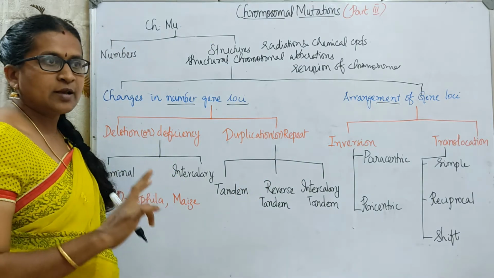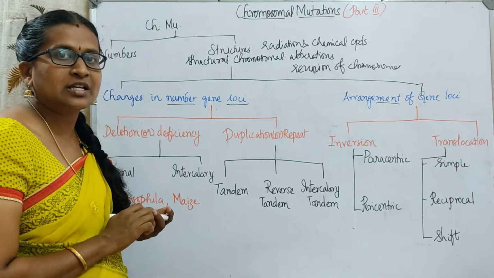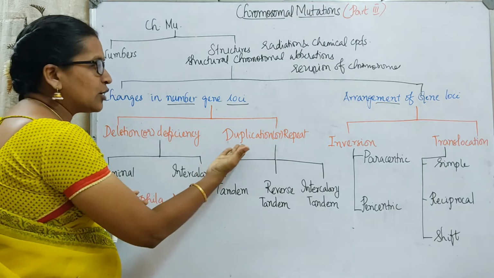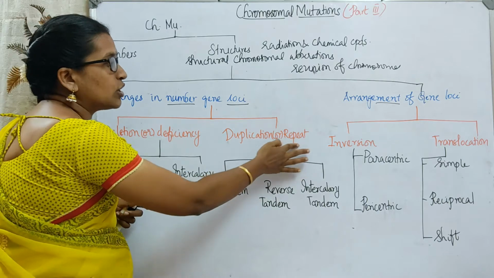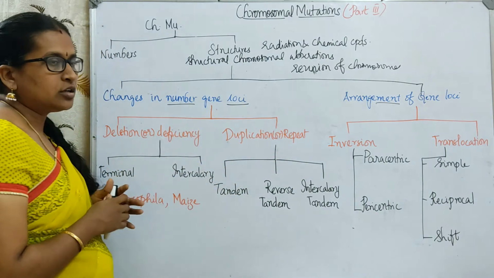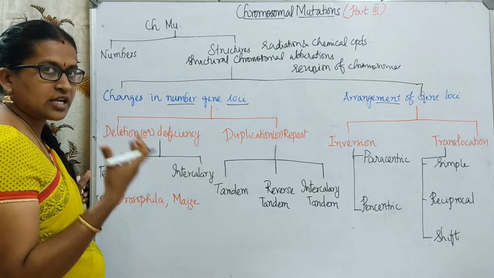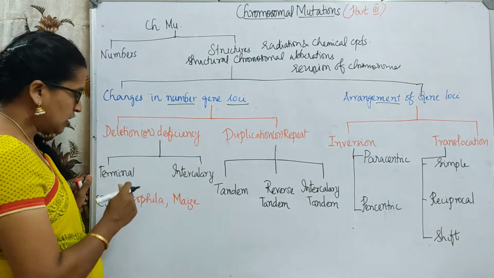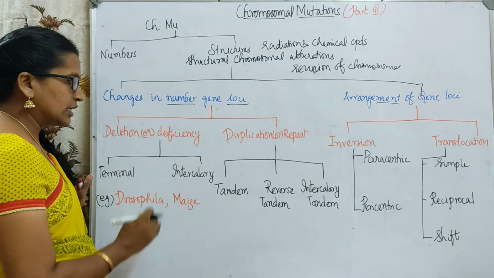When the same genes or same nucleotides are repeated again, we call it duplication, or repeat. The word itself indicates that something is going to be eliminated. Here we have two types of deletion: terminal deletion and intercalary deletion.